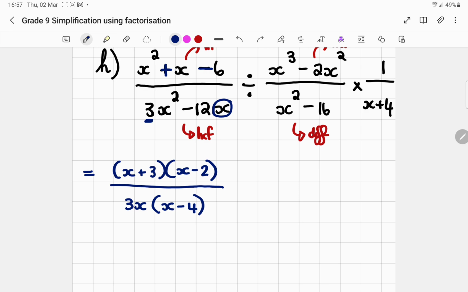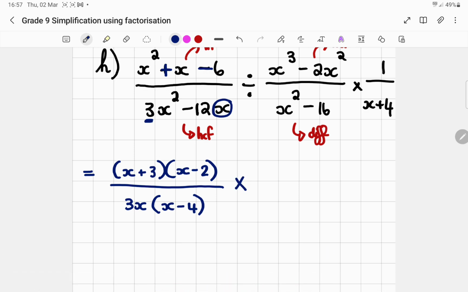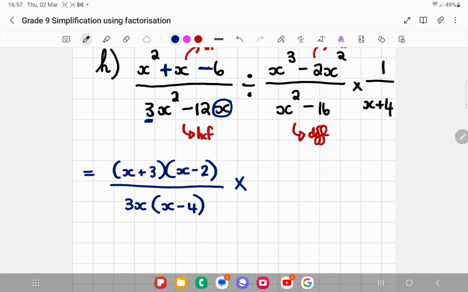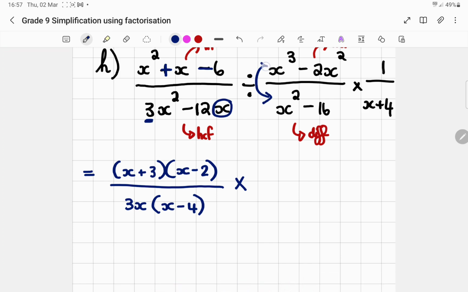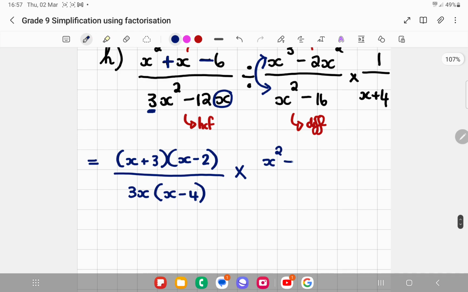Now, with the divide by sign, we don't divide. We just want to multiply. So what happens? You say, okay, I don't want to divide. I'm going to multiply. So I times and I tip. Whatever is to the right of that times sign that you've changed, the bottom goes and stands at the top. So let me just rewrite this.